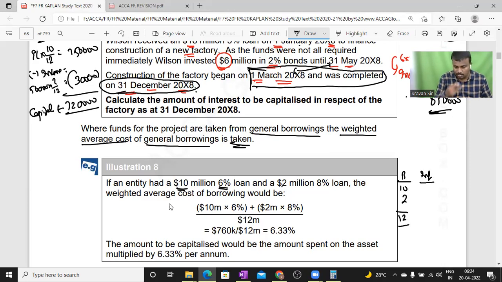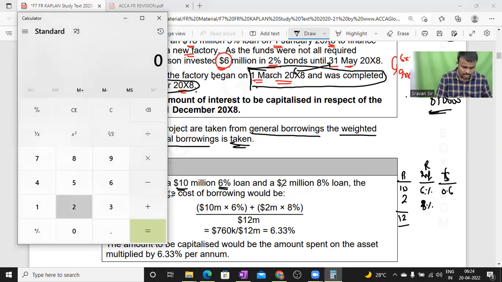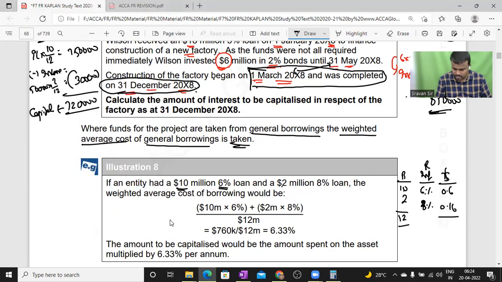Then what is the amount of interest? Here 6%, here 8%. The amount of interest is 10 into 6%, nothing but 0.6, and 2 into 8%, nothing but 0.16. So the total is 0.76.